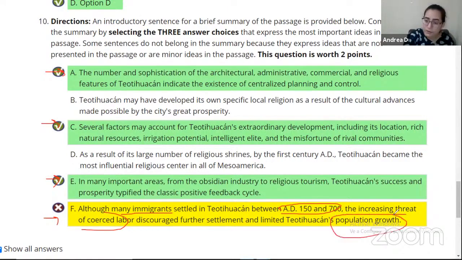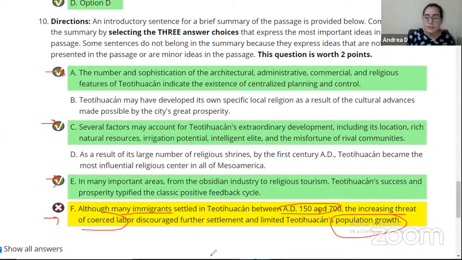So option F is too specific, believe me, to be the one. It talks about immigrants, about population growth, and it has a specific date in it. I'm not saying that wasn't mentioned in the passage. It was probably there, but that's not the main idea. It's just one of the ideas presented to support the main idea, but that's not it.